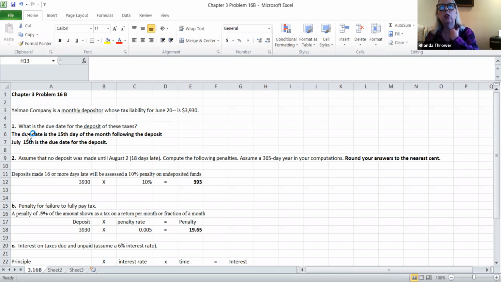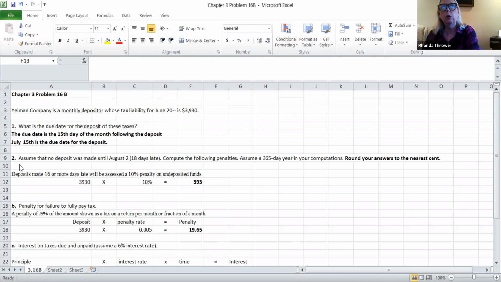And they're asking you, what is the due date for the deposit of these taxes? So it's going to be the 15th day of the month following June, and so that would be July 15th as the due date for this deposit.